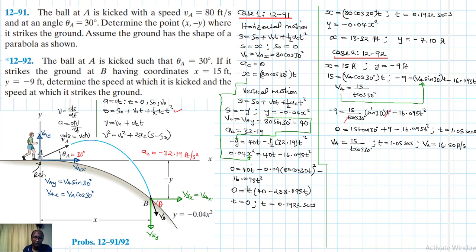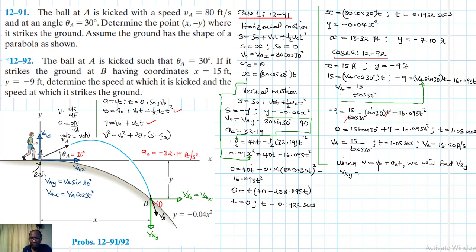So we have VA. So now let's find VB. Let's find VBY, because VBX is a constant, equal to VAX. So using v equal to v naught plus a c t, which is this equation here, we will find VBY.